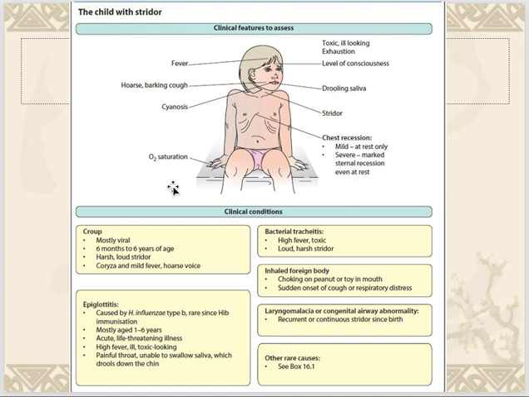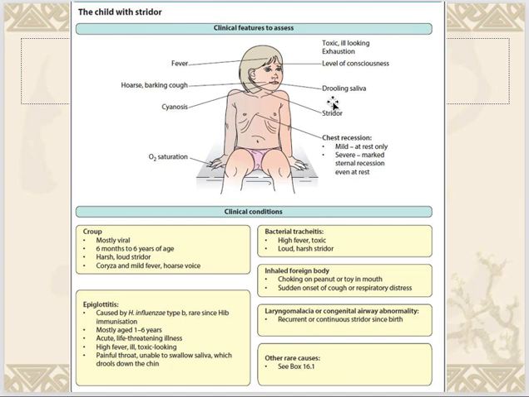Then you will check the general appearance first, whether the child is sick looking, whether a toxic look is there or not, right? Level of consciousness. Then whether there is any drooling of saliva. Now, what is drooling saliva?